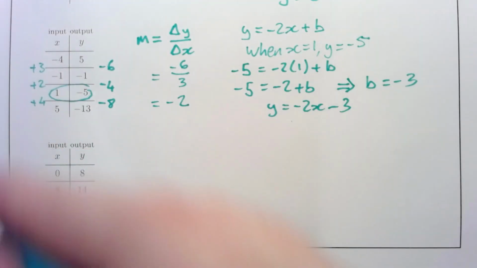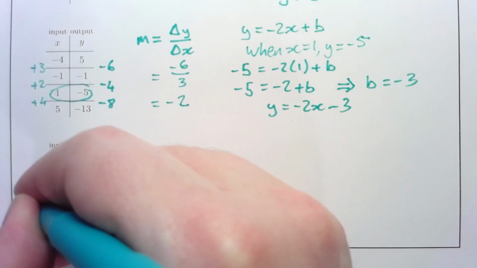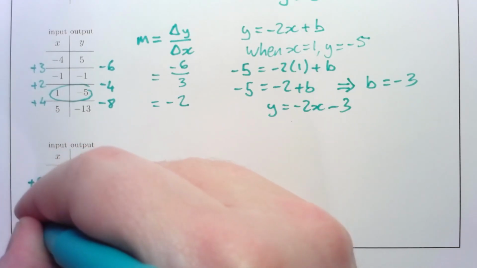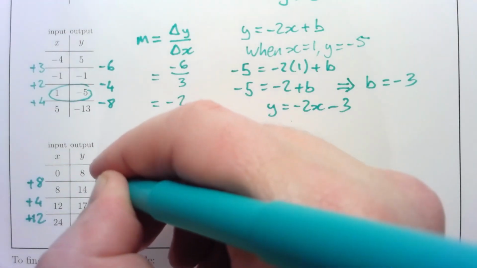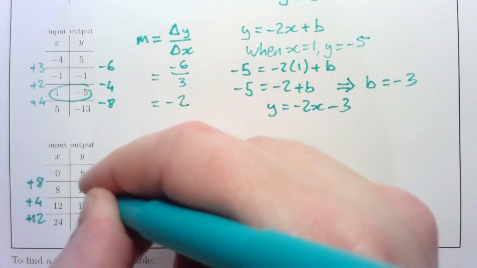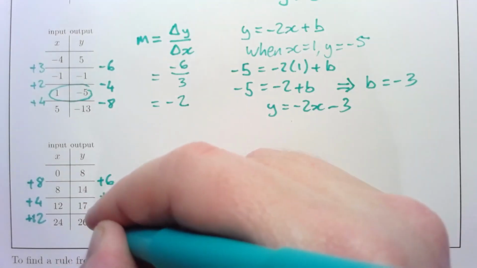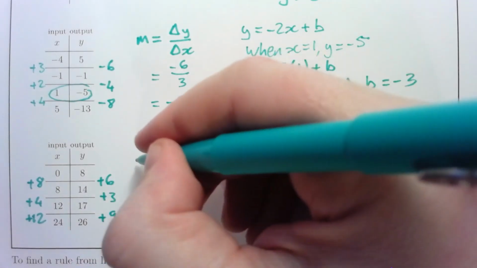Here's our last example. So from 0 to 8, we add 8. From 8 to 12, we add 4. And from 12 to 24, we add 12. Now from 8 to 14, we add 6. From 14 to 17, we add 3. And from 17 to 26, we add 9.